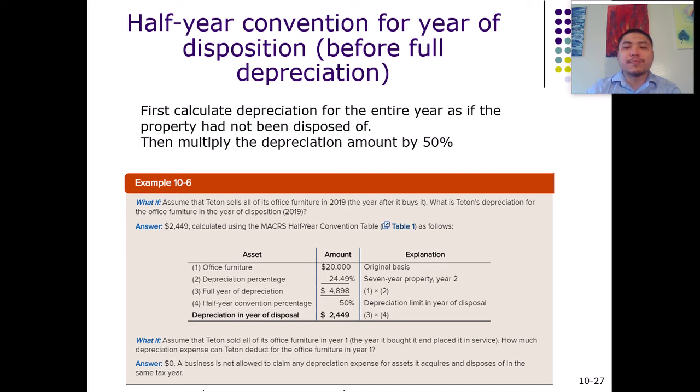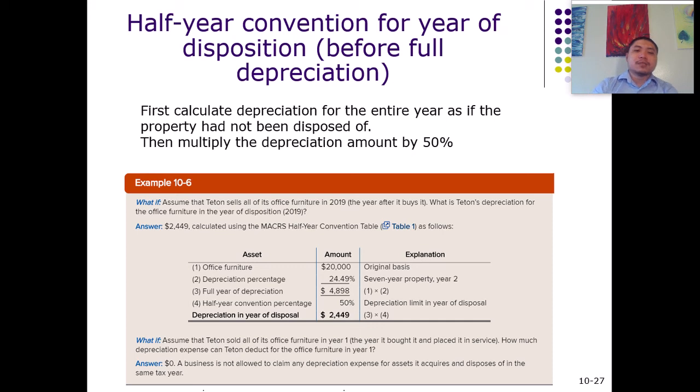All right, so let's talk about how to apply the half-year convention for the year of disposition, if the company decides to dispose of the asset before the recovery period ends. So let's look at this example. Assume Titan sells all of its office furniture in 2019, which is 1 year after they buy it. What is Titan's depreciation for the office furniture in the year of disposition in 2019?